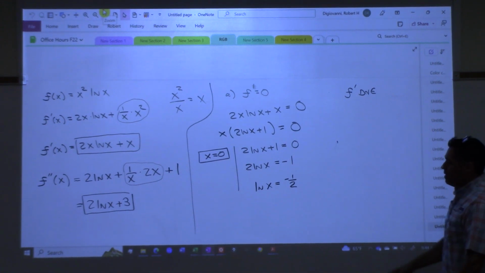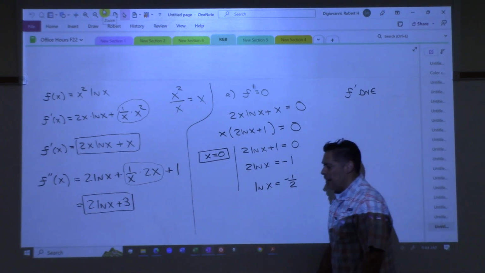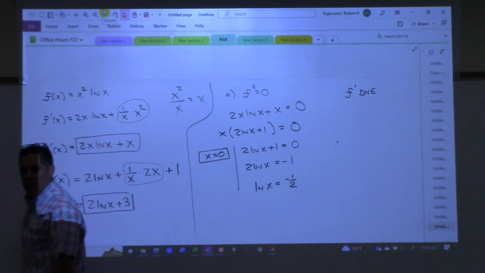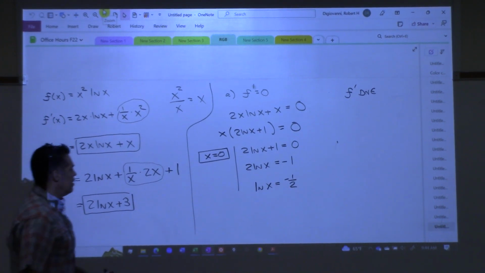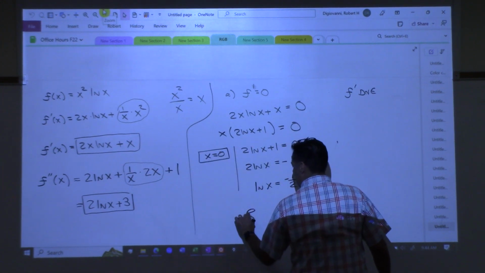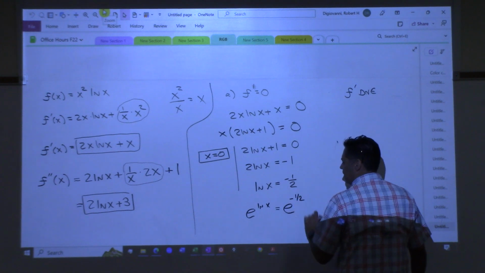I want to get x. It's trapped in a log. Natural log, how do you kill off a natural log? The exponential, e to the x. So to kill off ln x, you have to bring in e to the x. So I'm going to do e to natural log x, e to the negative 1/2.